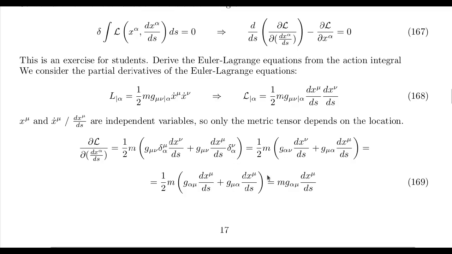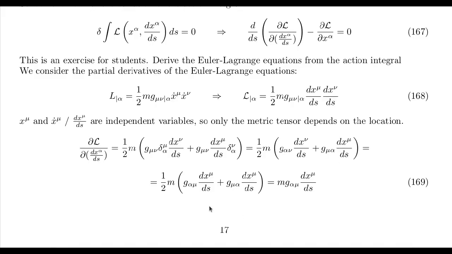Then we can eliminate the Kronecker deltas, because we have here a scalar product with a metric tensor, and so the metric tensor takes the index alpha instead of mu. And in the other term we have then mu alpha.